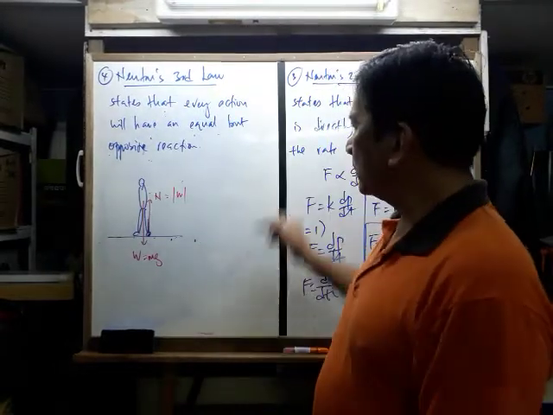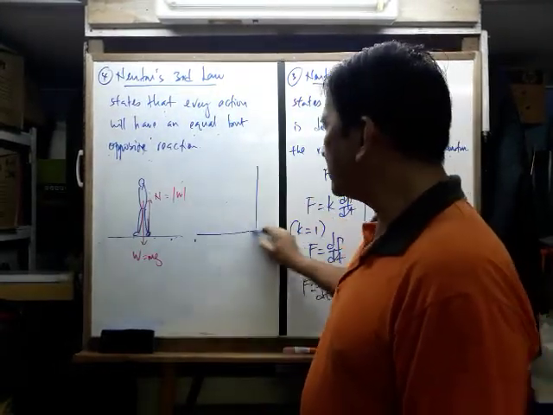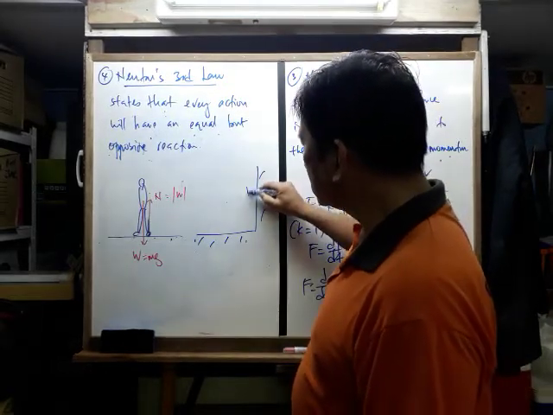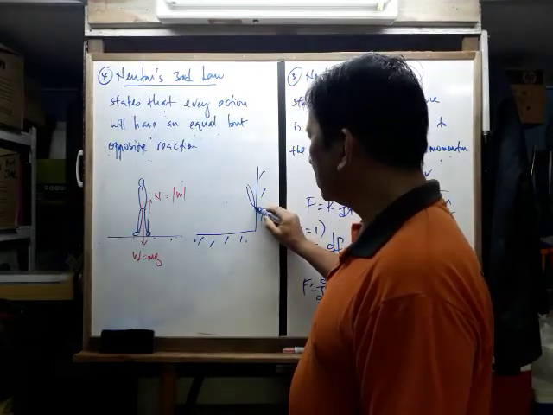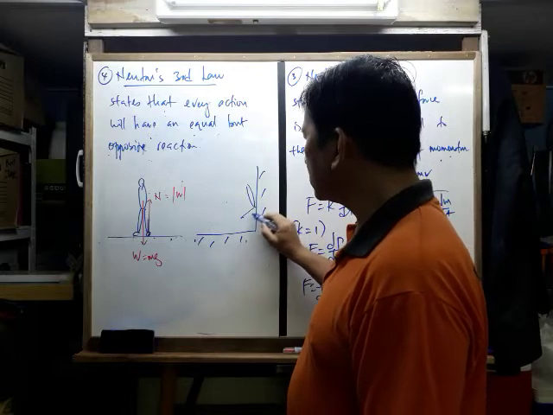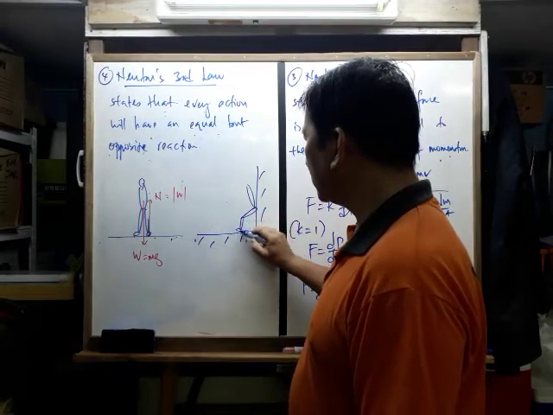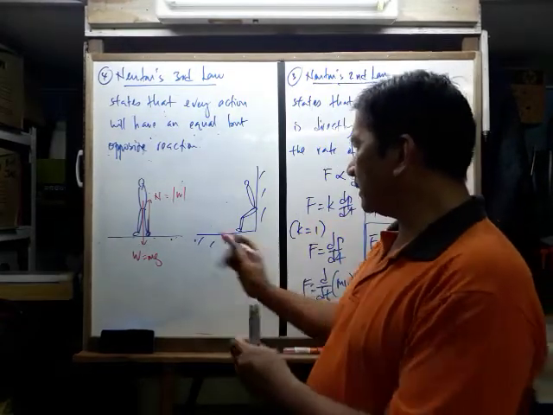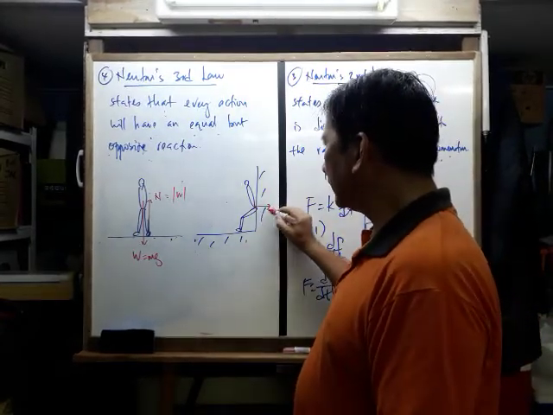Other than that, for example, you have some guys leaning against a wall like this. Sometimes people like to do that when they have nothing to do. They lean like that, so you have this force against the wall.